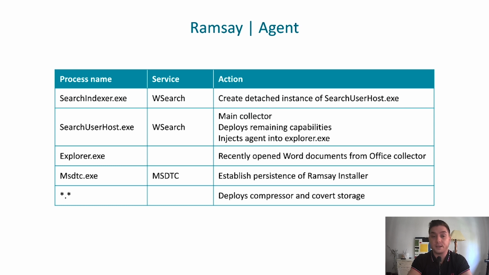And once Ramsay is running within the context of explorer.exe, it will just collect recently opened Word documents from Office in intervals. On the other hand, we have the MSDTC service, and when Ramsay runs within the context of msdtc.exe, it will just establish persistence of the Ramsay installer. And for any other process that Ramsay might get injected into, it will just deploy the compression and covert storage capabilities that we'll be talking about next.